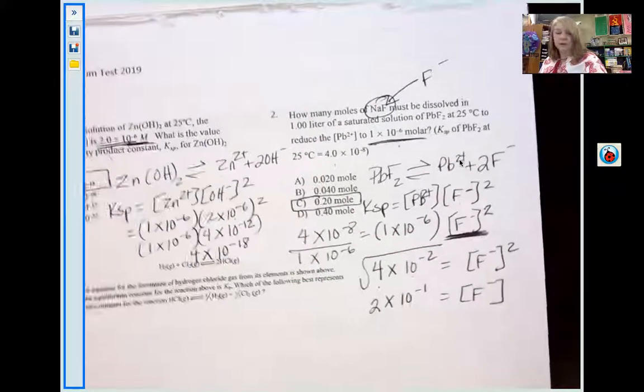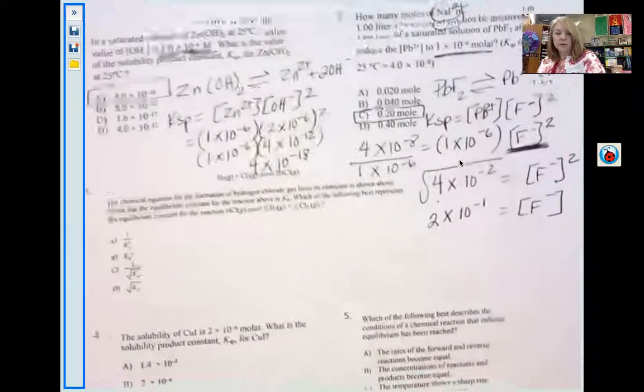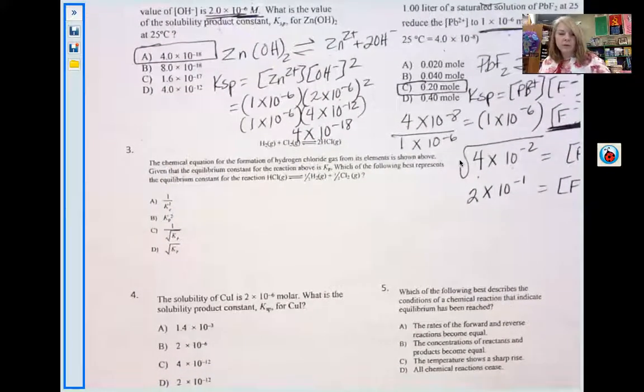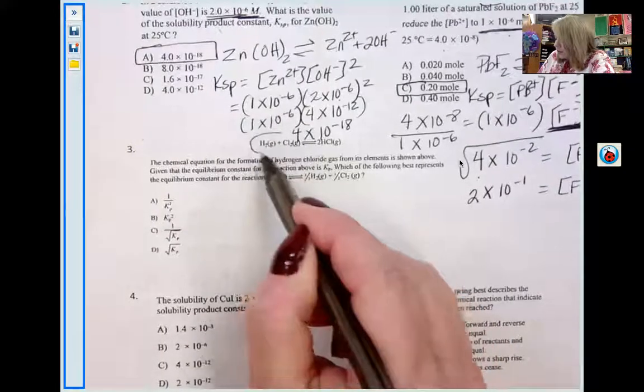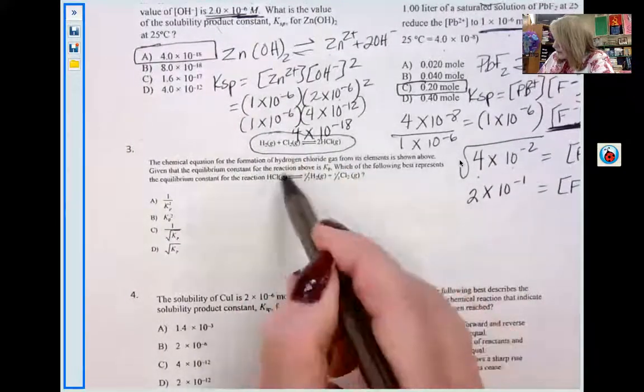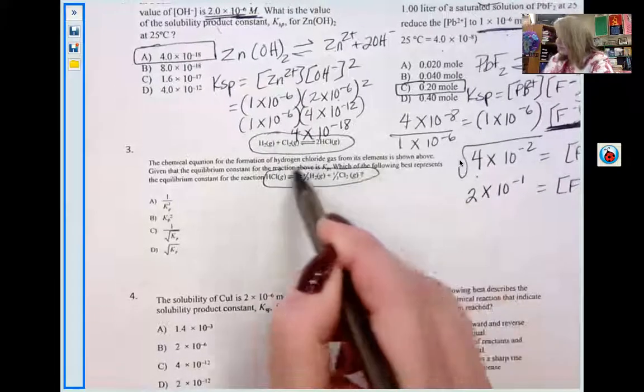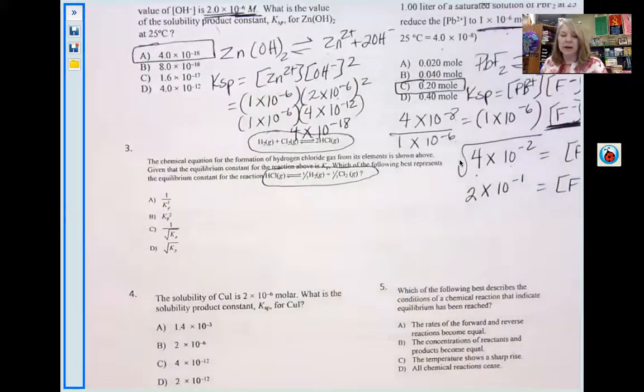Okay, let's look at number 3. Number 3, we have a problem where we're looking at this equation and we're looking at this equation. And this goes back to some skills from the very first time we talked about equilibrium, right? You have an equation and then it asks what is going to represent the equation that looks very similar to that one, but you notice some differences.